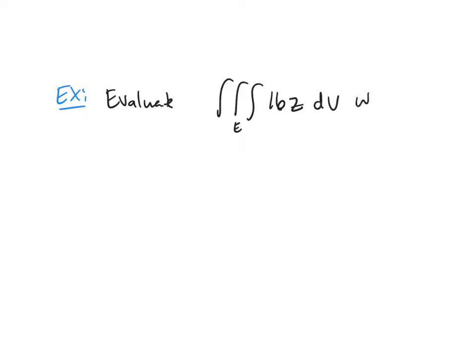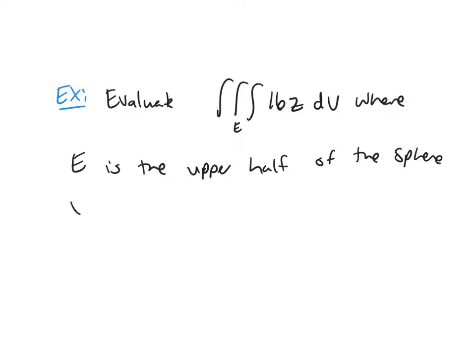So let's look at our first triple integral involving spherical coordinates. Here I want us to evaluate the triple integral over the region E of 16z dV, where E is the upper half of the sphere x squared plus y squared plus z squared equals 1.